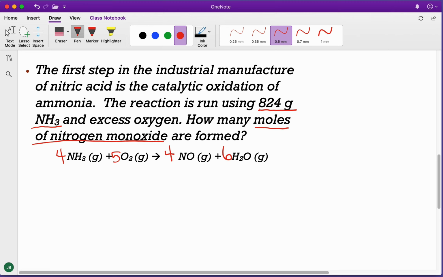All right, now we can write our knowns. And our known is 824 grams of ammonia. And what we are trying to solve for is the moles of nitrogen monoxide.